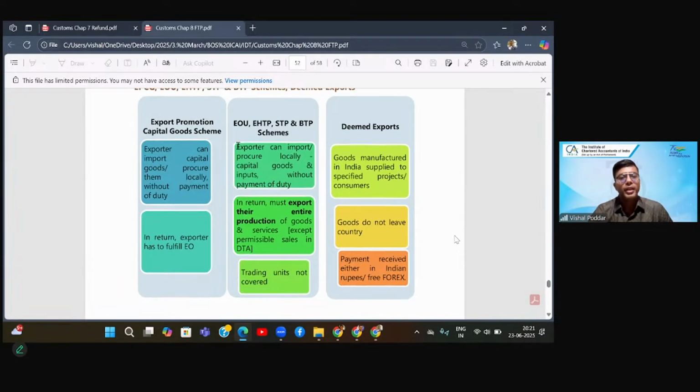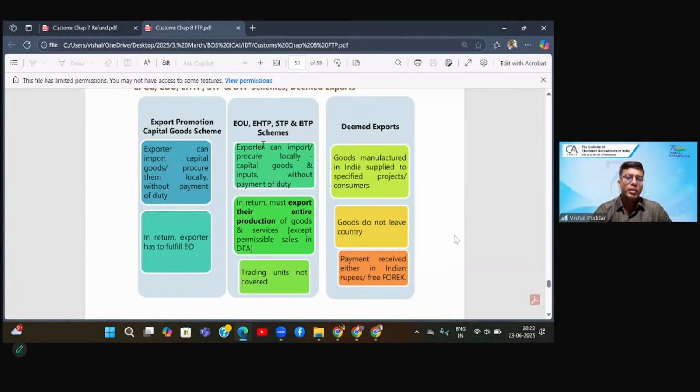The second type of scheme is where you are given one of these statuses: 100% export oriented undertaking status, or electronic hardware technology park, software technology park, or BTP. All these are different statuses which are given to you. Once you're under one of these statuses, you are again required to make exports.